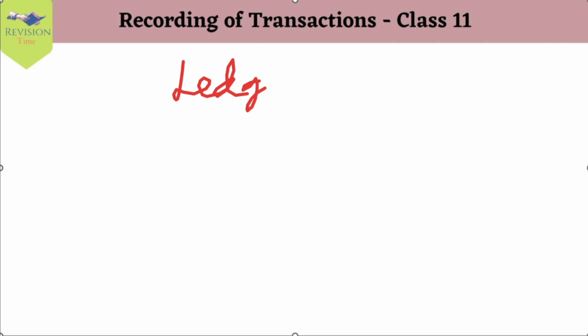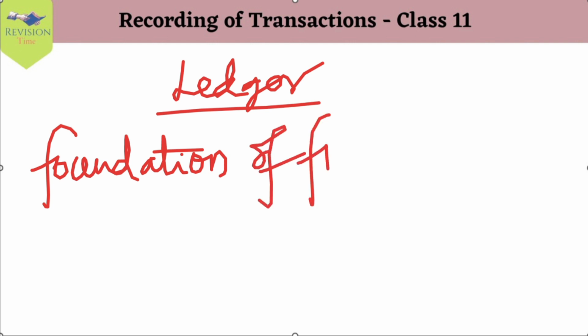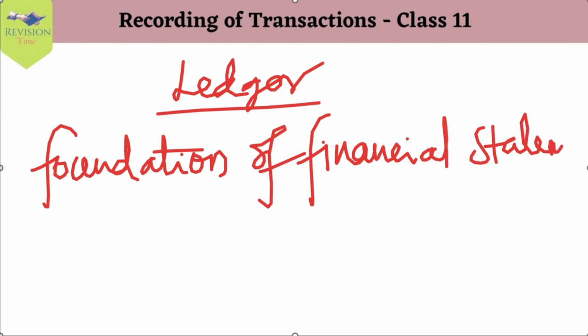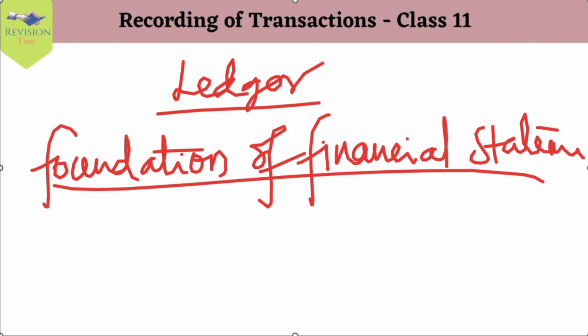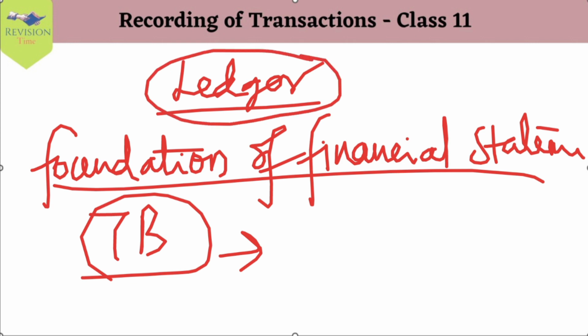The ledger is the foundation of our financial statements, because the transactions are closed and summarized in the ledger, and the accountant then generates our trial balance, and the report of each ledger account balance is presented in our trial balance. So this is why we post the transactions in ledger.